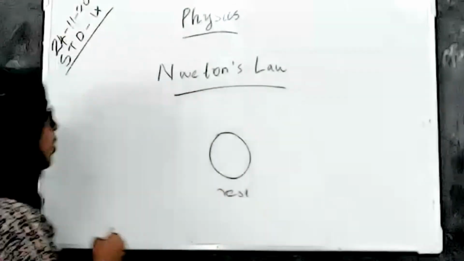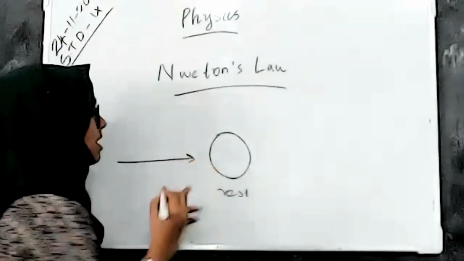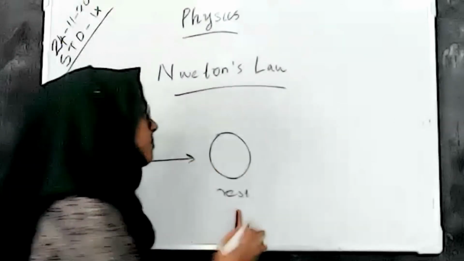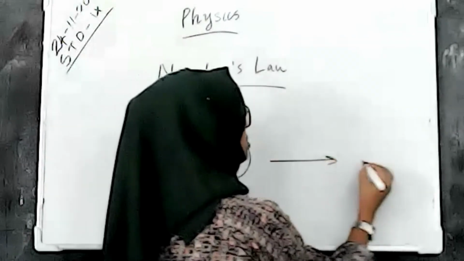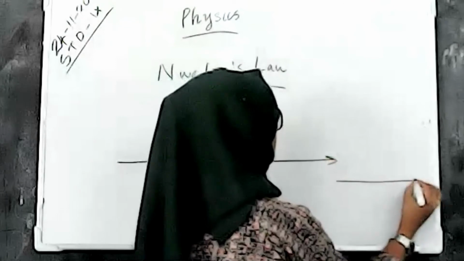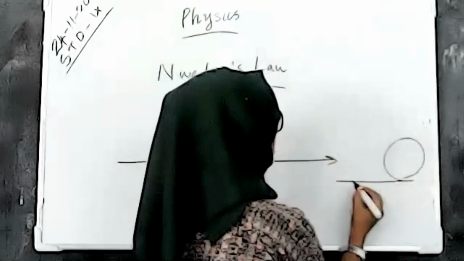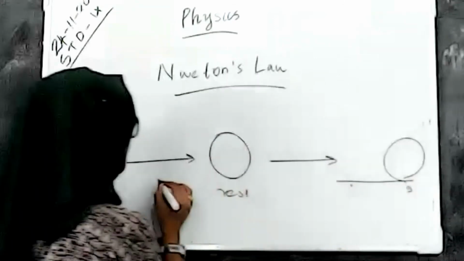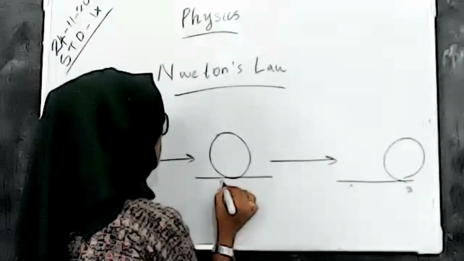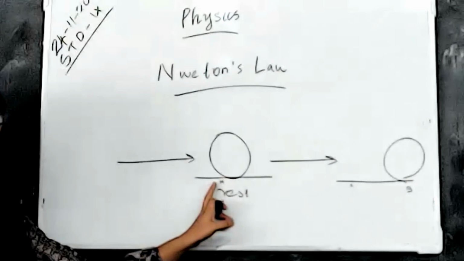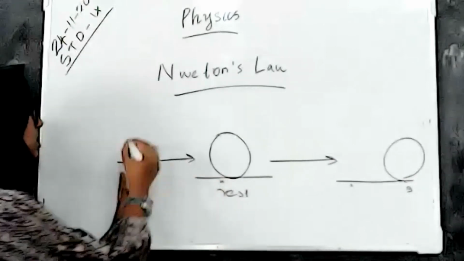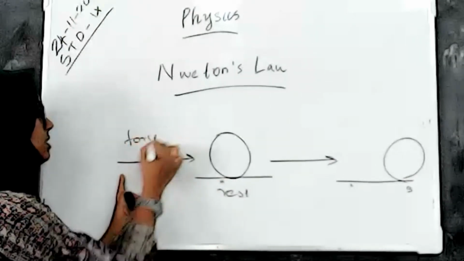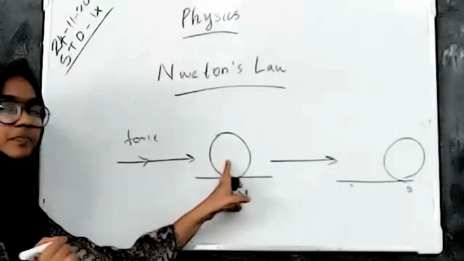That is, a force is applied on this rested object, it changes its position and moves from here to here. That is, here the body is placed at a point A, and a force is applied on this body.